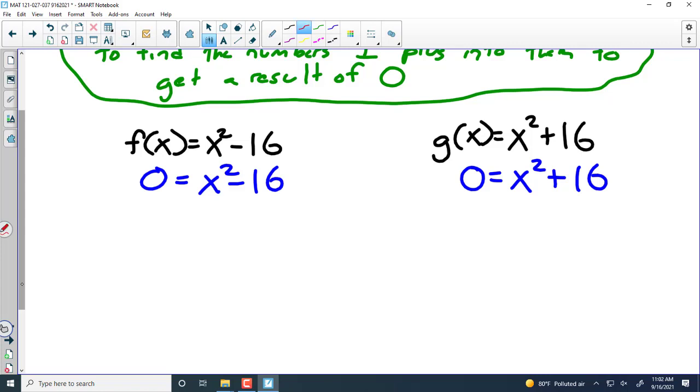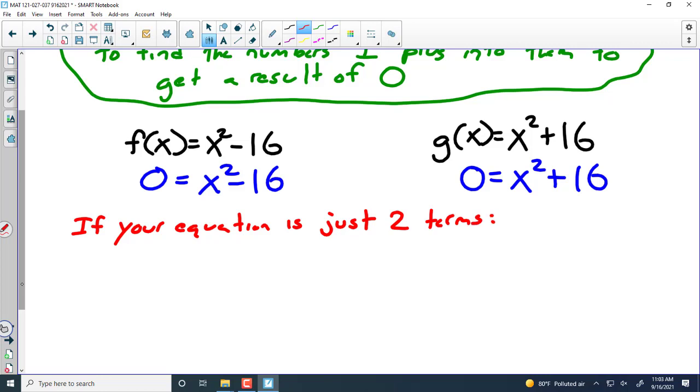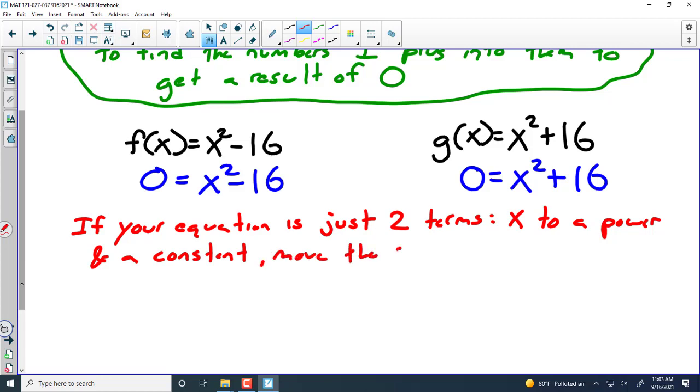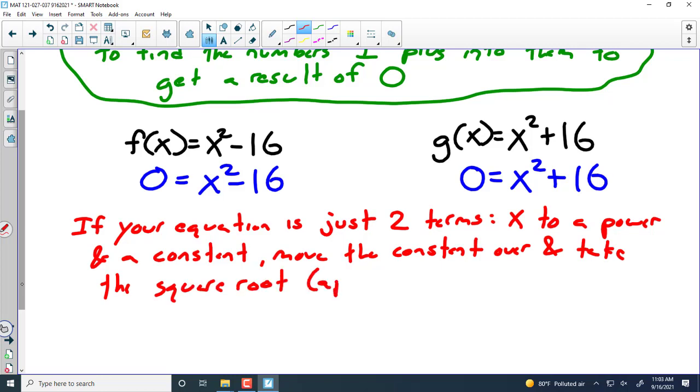But then, if your equation is just two terms, x to a power and a constant, move the constant over and take, well in this case it's going to be the square root, but I'll just say the appropriate root of each side.